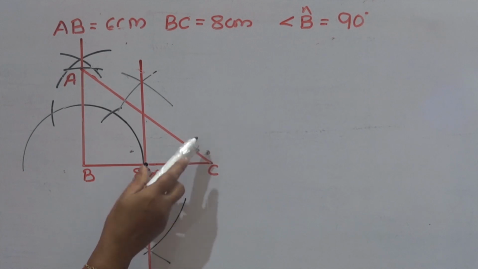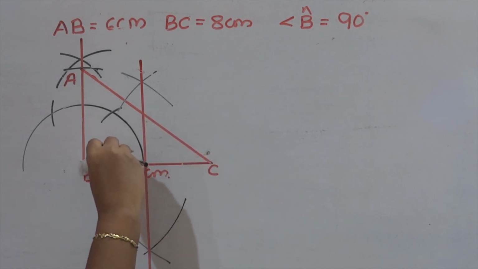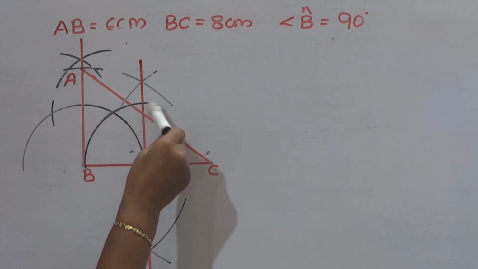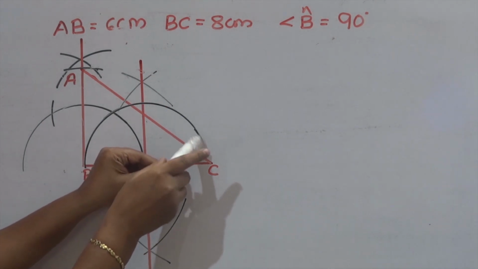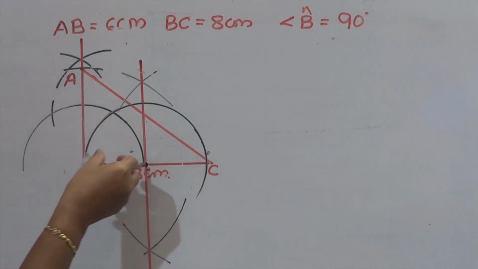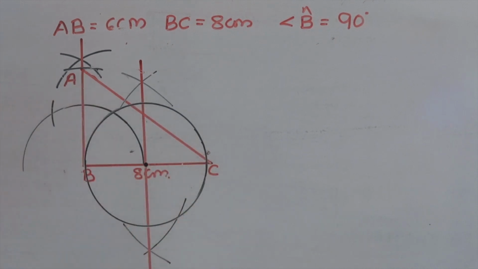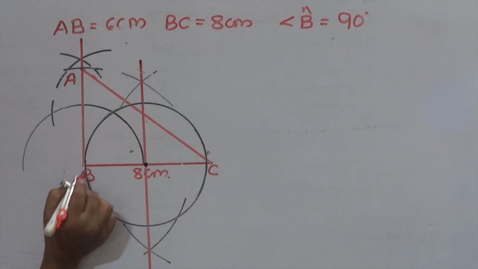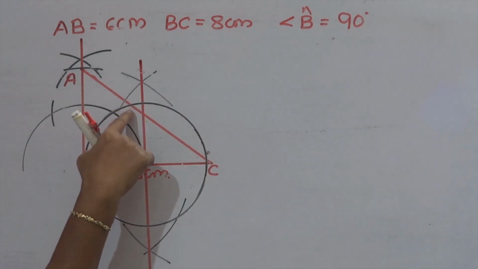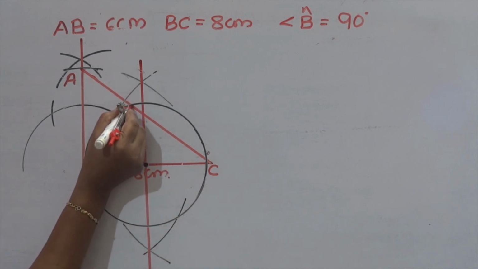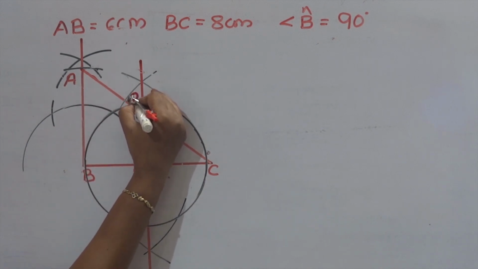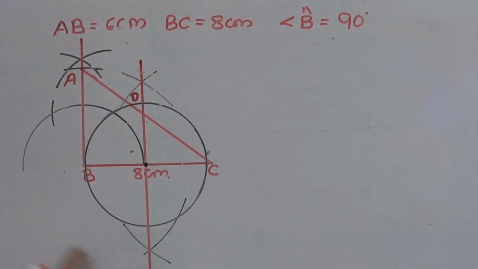Taking this much of distance, we have to draw a circle. Definitely this circle will pass through both the points B and C. You might be observing here our circle is passing through both the points B and C. Now let me denote the point where the circle has cut right angle triangle as point D. Now you can see that our circle is passing through 3 points B, C and D as it is asked in the question.